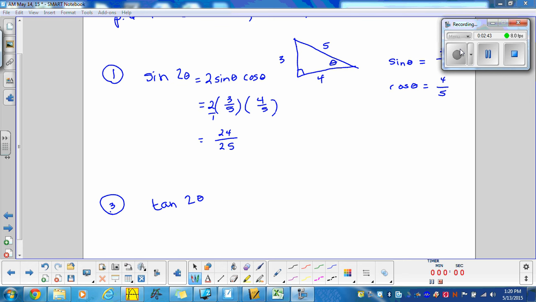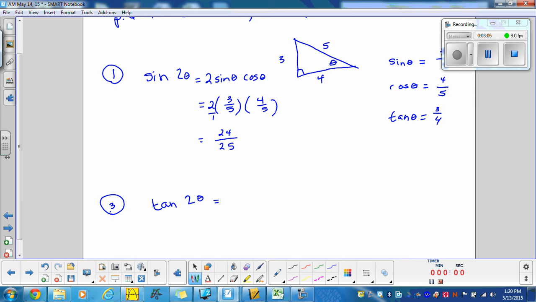So going back to the formula sheet, the tangent of theta in this triangle is opposite over adjacent, so that would be 3/4.